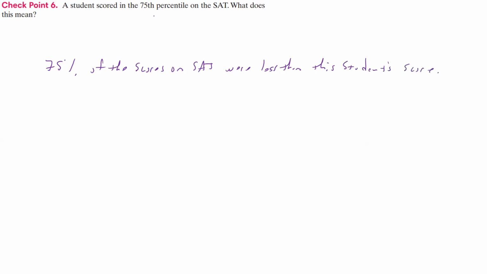It all boils down to the 75th percentile, and so 75% of the students scored less than that on the SAT. So that person was better than 75% of the other students.